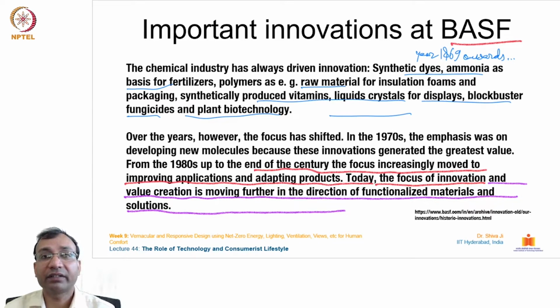In the 1970s, the emphasis was on developing new molecules because these innovations generated the greatest value. From the 1980s up to the end of the century, the focus increasingly moved to improving applications and adapting products. Today, the focus of innovation and value creation is moving further in the direction of functionalized materials and solutions. So, we will see some examples from this company.